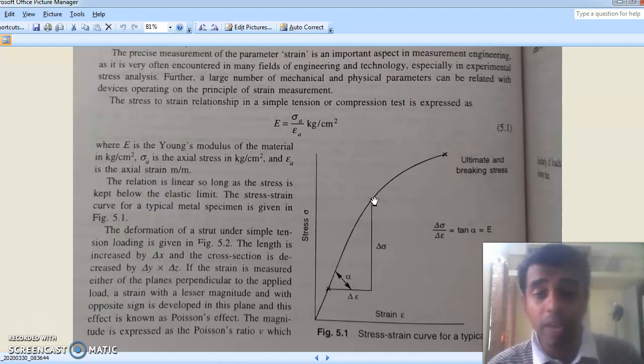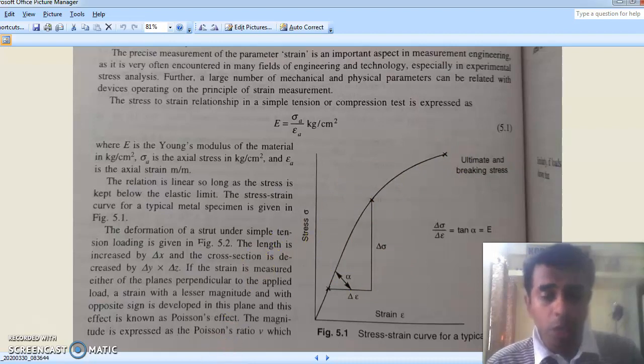This is the point of elastic limit. After that limit, the linearity decreases and non-linearity creeps in. So linearity exists only till the point where elasticity exists, that is, till the elastic limit. Beyond that, non-linearity will creep up. There is a point beyond which the material ultimately breaks due to breaking stress. So we have to concentrate on the linear region.